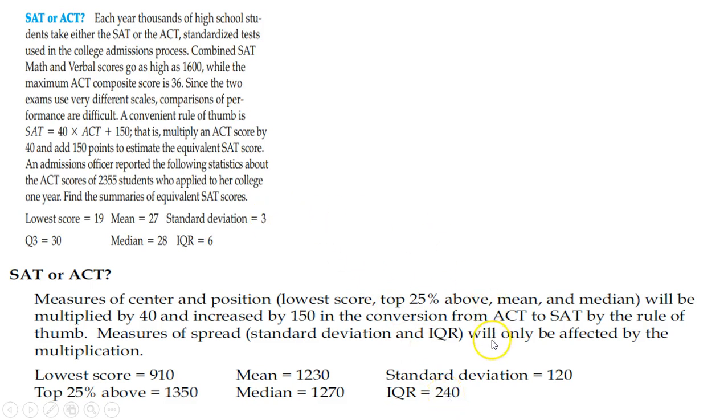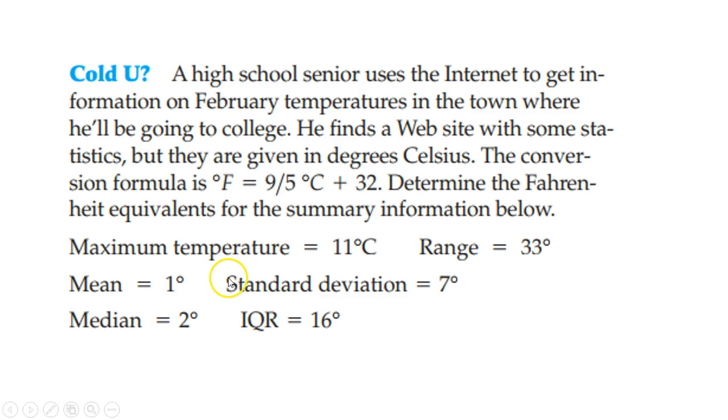They stay the same. So an admissions officer reports the following statistics about the ACT scores of those who applied. Find the summaries of the equivalent SAT statistics. So there you go. Top 25% or above, that is right there. It took the 30 and altered it.